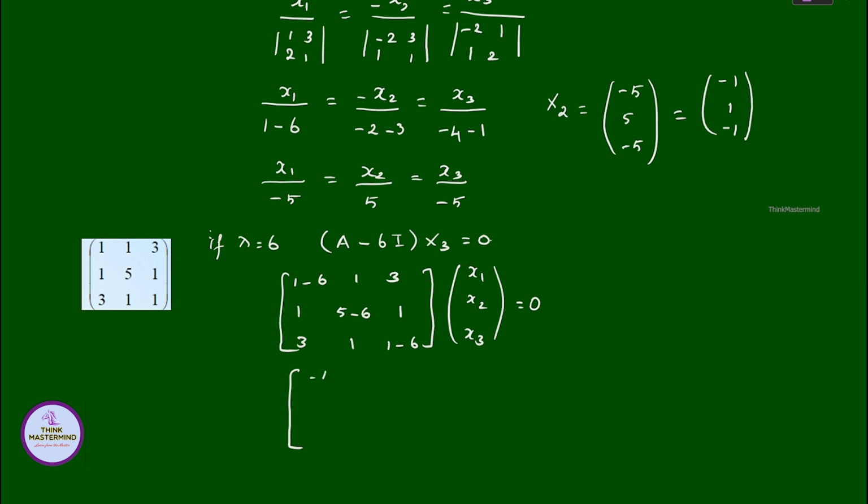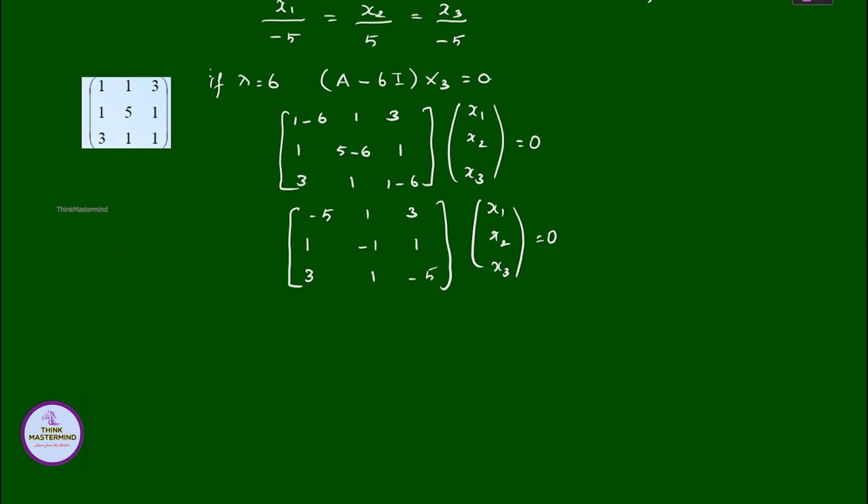That is [minus 5, 1, 3; 1, minus 1, 1; 3, 1, minus 5] into x1, x2, x3.